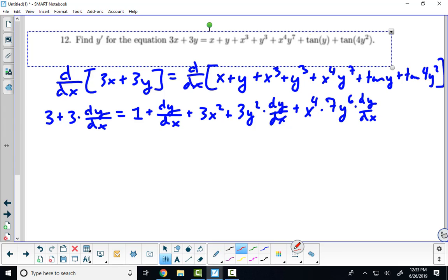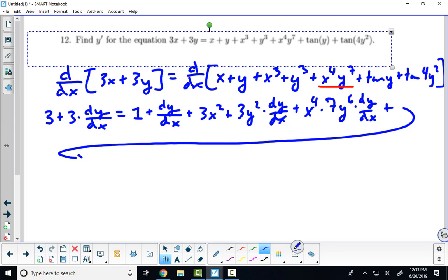That's for this product rule right here. So there's the first times the derivative of the second plus the second, y to the 7th. Do I have to put a dy dx there? No, because I'm just copying out the second term times the derivative of the first, 4x cubed.